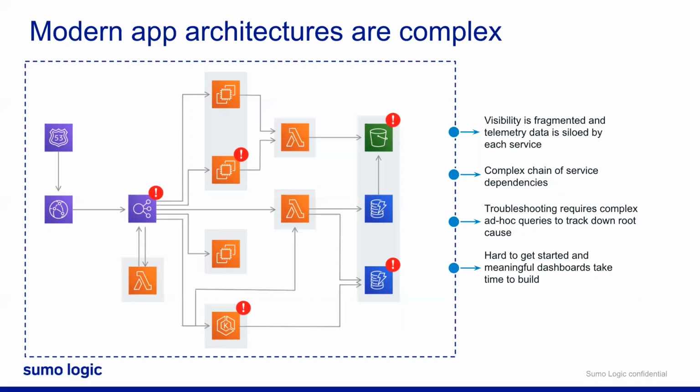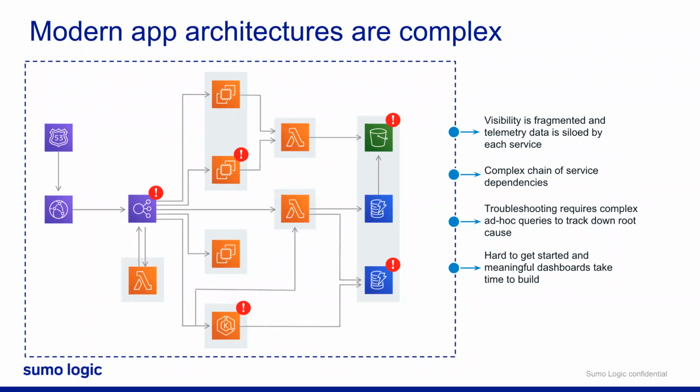And the names don't have meanings to us like we typically name our services if we have physical services we've instantiated. This becomes much more complex. It's hard to track it down. It's hard to get to the root cause because of the cascading effect of all the issues that can appear. And trying to create something that would track this in a meaningful dashboard is a very big challenge.